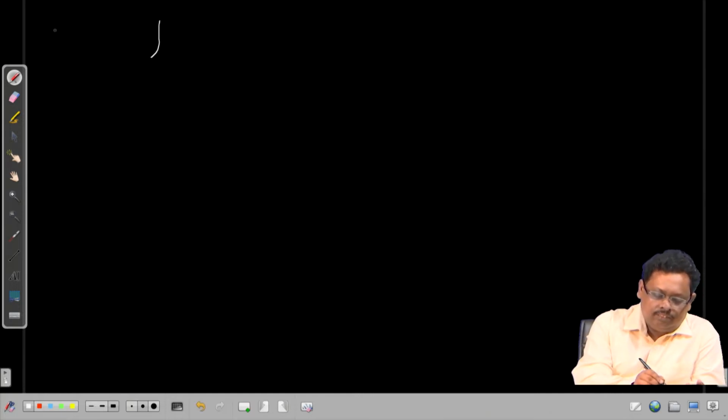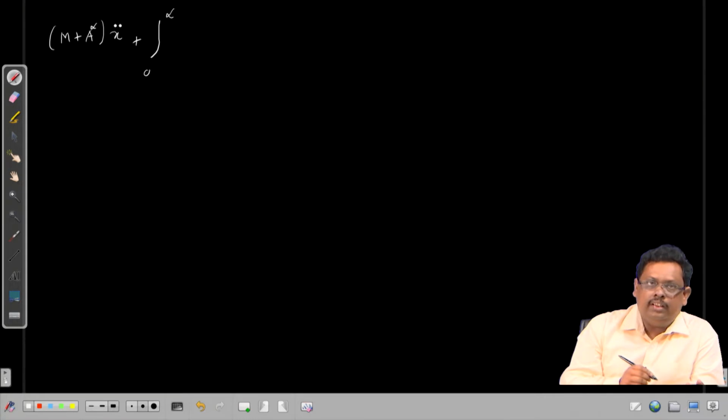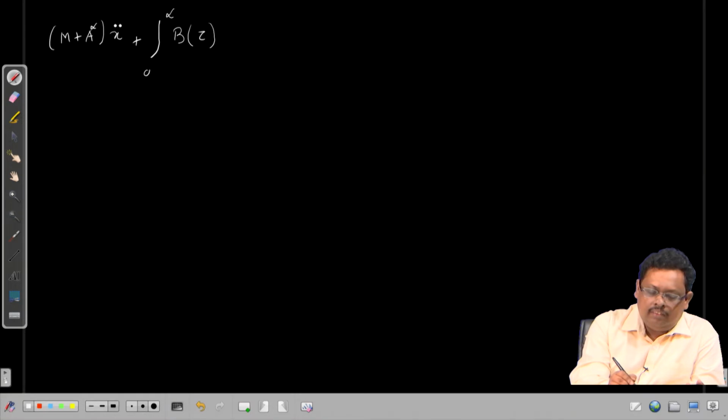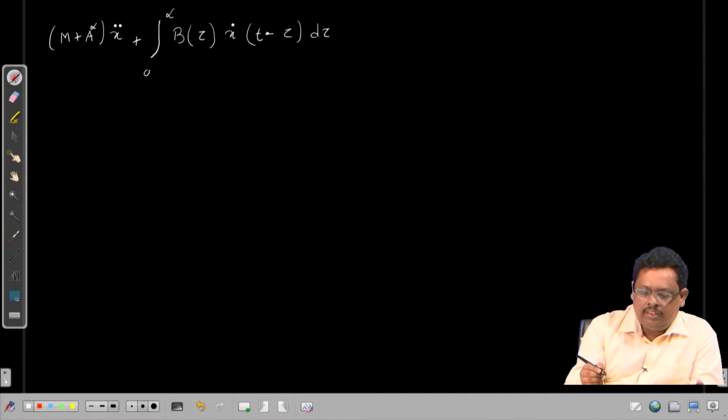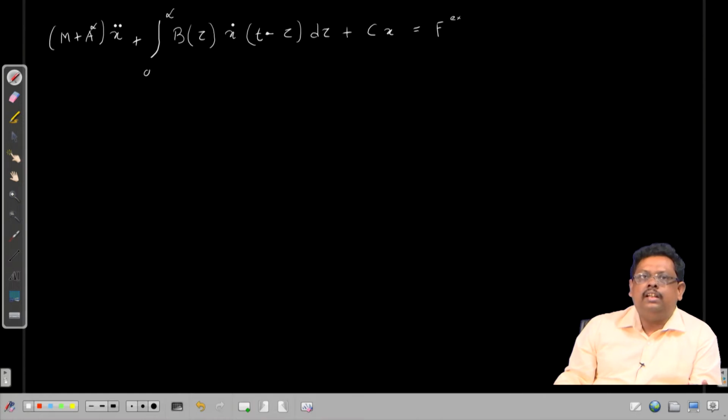It is (m plus a infinity) x double dot plus the integral from 0 to infinity of b(tau) x dot (t minus tau) d tau, plus C x equal to the external function. So, this is how we can get it.